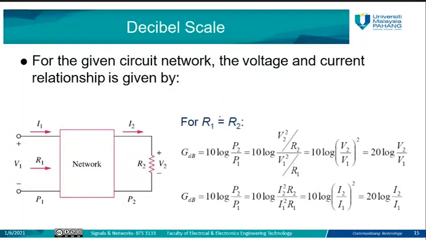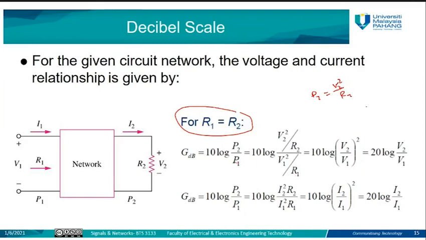If we have such a system with an input signal resistor R1 and an output resistor R2, and we assume that R1 is equal to R2, we use the formula 10 log B2 over B1. As we can see, B2 is equal to V2 square over R2, and B1 is V1 square over R1.